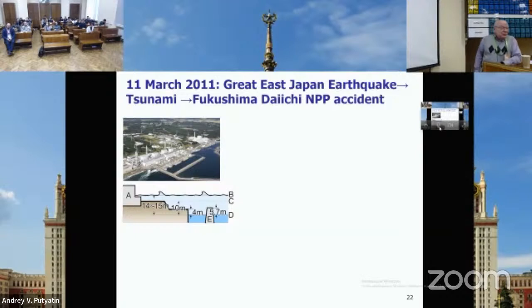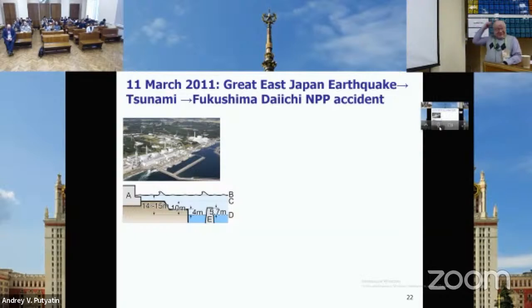Of course, all the power lines to the Fukushima Daiichi nuclear power plant were destroyed even earlier by the earthquake. So there was no power. But of course, in this situation, the nuclear power plant shut down automatically, and diesel generators started to operate.